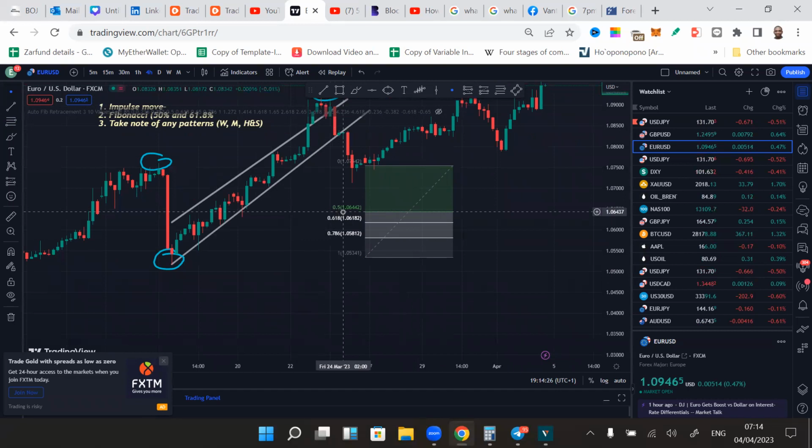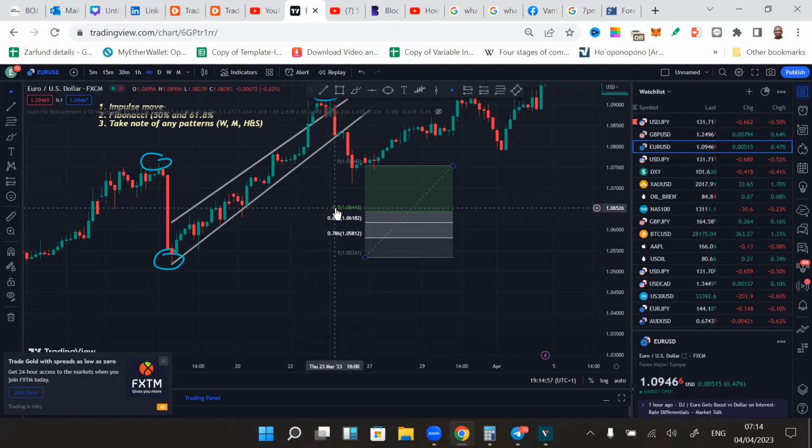50 is the 0.5. The 61.8 is the 0.618. It's just like multiplying them by 100, right? So 50%, remember in maths, for those who did maths, when you say percent, you multiply by 100. When you multiply 0.5 by 100, it gives you 50.